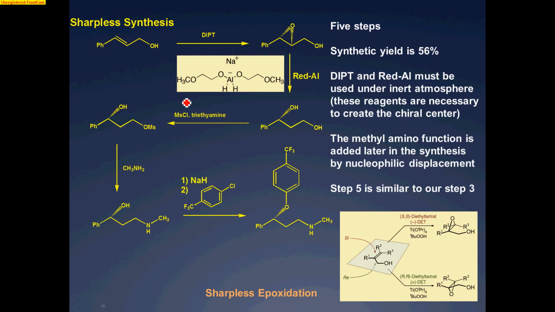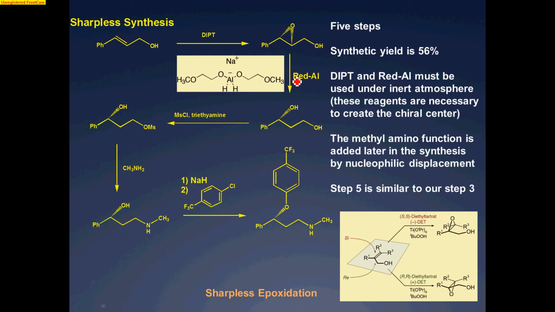The first approach was from a laboratory where the PI's name was Barry Sharpless. This became famous because there was one specific step, the epoxidation of this double bond, where you would get an enantiomerically pure epoxide out of this. This chemistry is now referred to as the Sharpless epoxidation.